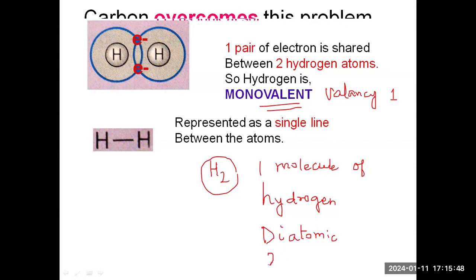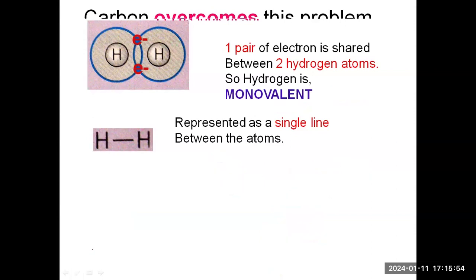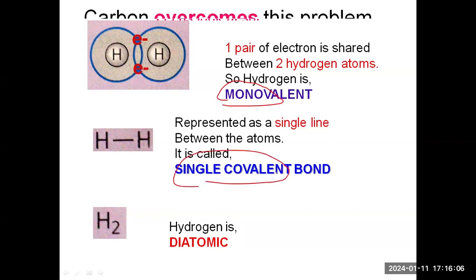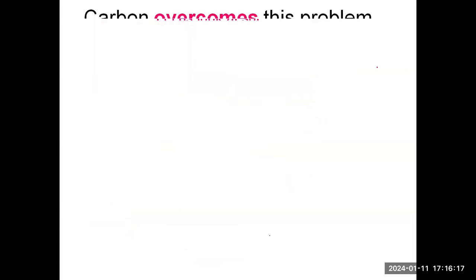Di stands for 2. So these terms you need to remember. One is related to valency: because the valency is 1, it is monovalent. Then it has a single covalent bond between them because one pair of electrons is shared, and it is diatomic in nature because it has two atoms in it.